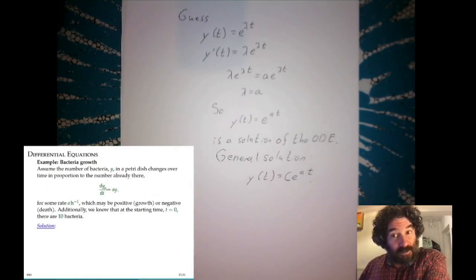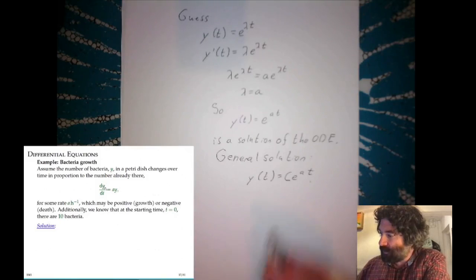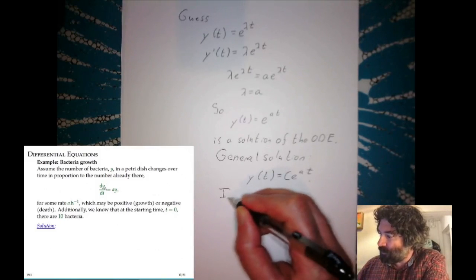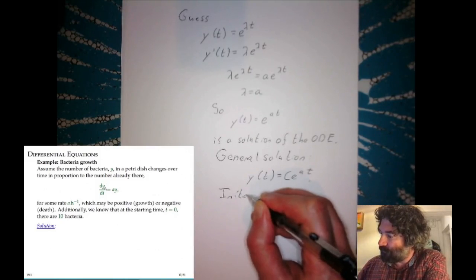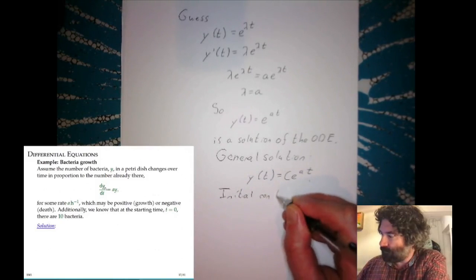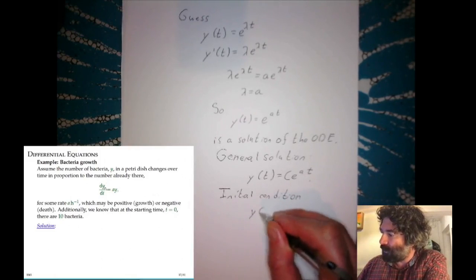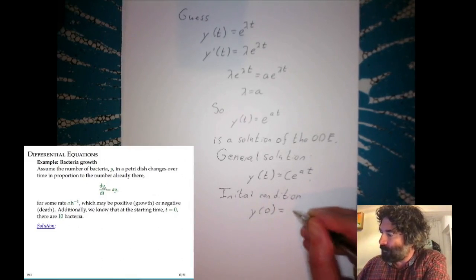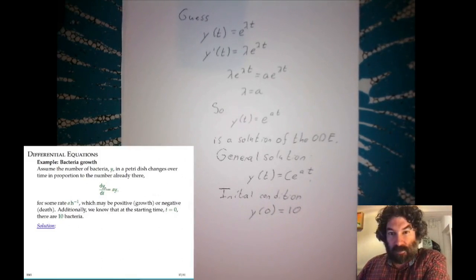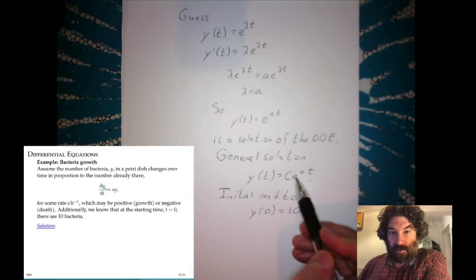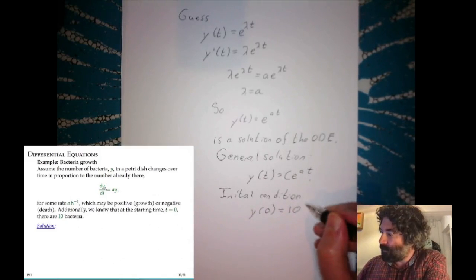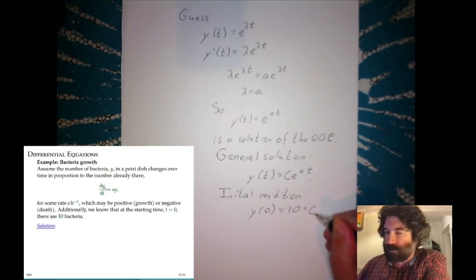And let's now find a specific solution that satisfies the initial condition. So the initial condition is that y at time 0 equals 10. All right, so if you plug in time 0 here, you just get that 10 equals c.